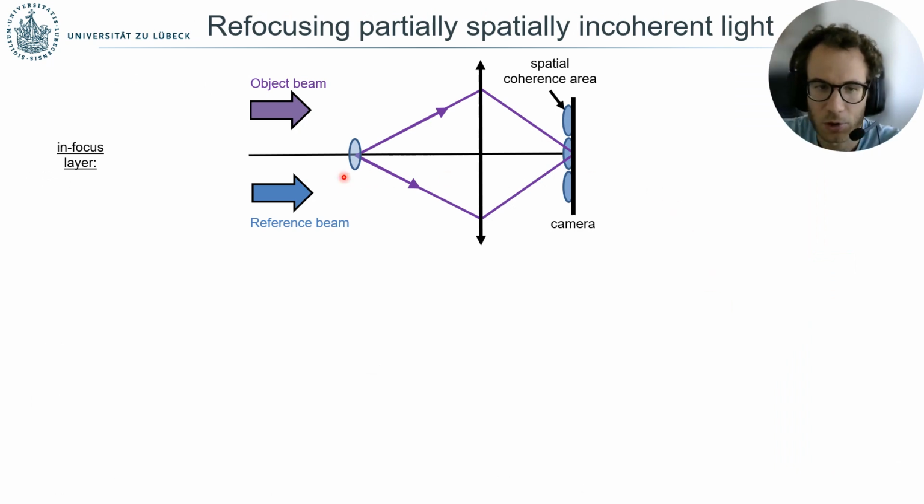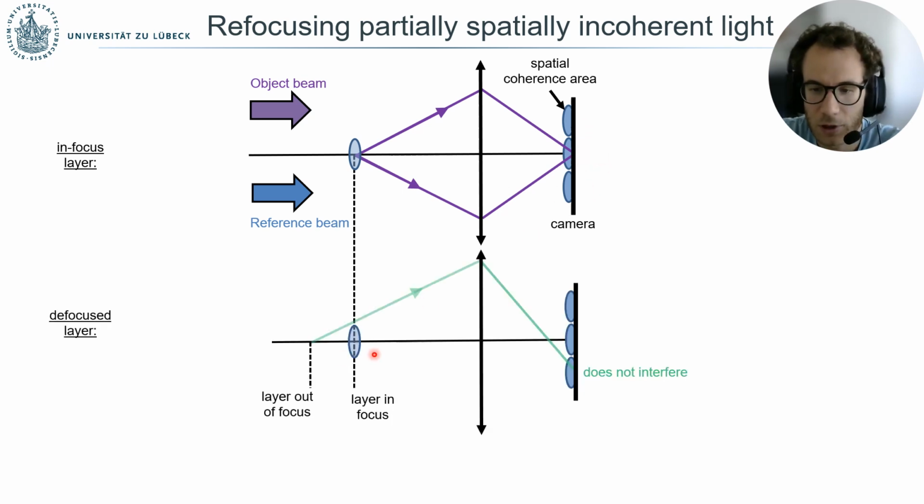And here is the explanation: we're making interference between the object and the reference beam onto the camera with limited spatial coherence, so we need the coherence areas to match on the camera. When we have a layer in focus, the coherence areas match, light is landing where it should, it interferes, and is detected.